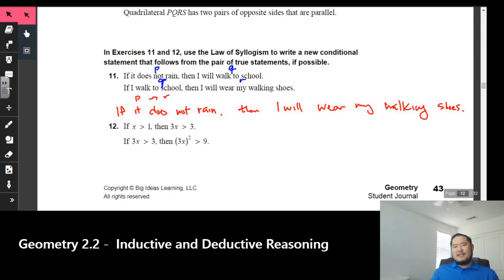You don't want to wear nice fancy shoes when it's raining, right? You don't want to mess them up. I know I don't. So I'll wear some beaters, right?